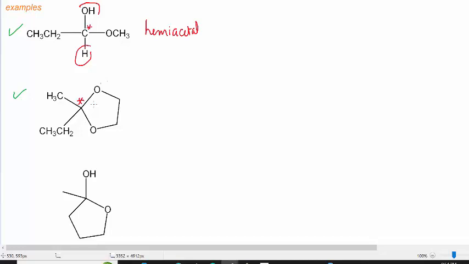And there is not. If there were, this would be an acetal, but there's not. There's only carbon groups attached there. Therefore, this is a ketal. Oh, by the way, because it's part of the ring, we call it a cyclic ketal.